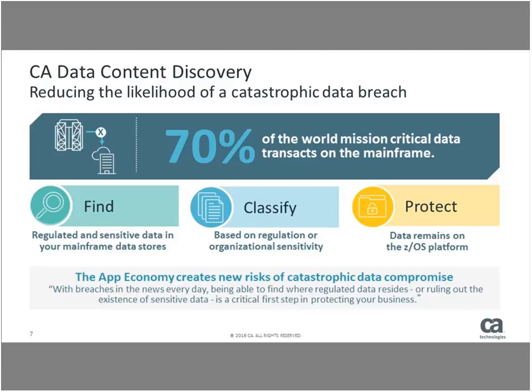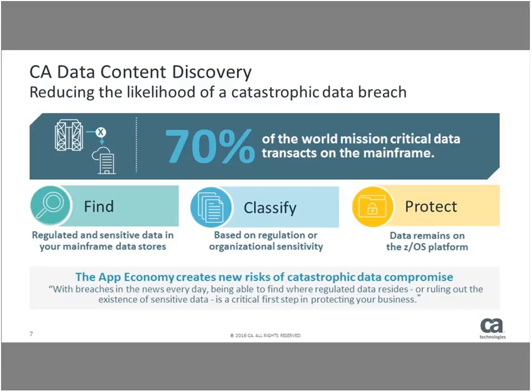We're really focusing on 3 primary solutions that DCD brings to the table. First is the ability to find regulated and sensitive data on the mainframe within the mainframe data stores. That includes data stores that may be flat files as well as databases. We also think you need to be able to classify the data that you find, and classify it based on regulations or perhaps organizational sensitivity.